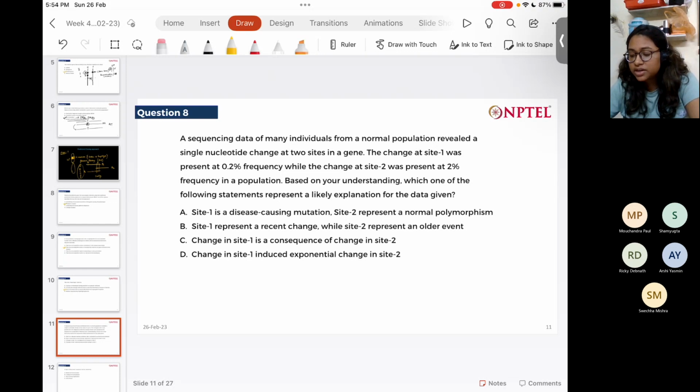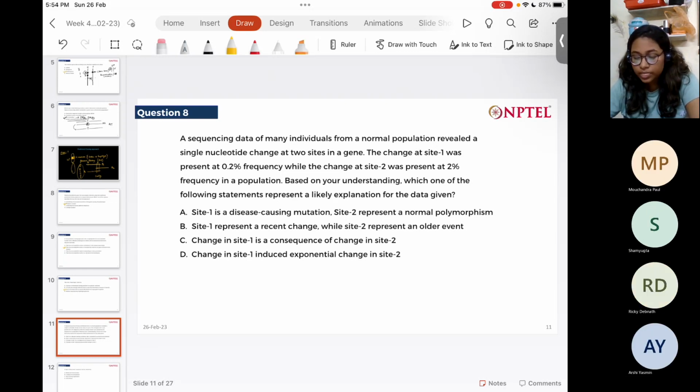Based on our understanding, which one of the following statements represents a likely explanation for the given data? Option A, site 1 is a disease-causing mutation and site 2 represents a normal polymorphism. Option B, site 1 represents a recent change and site 2 represents an older event.